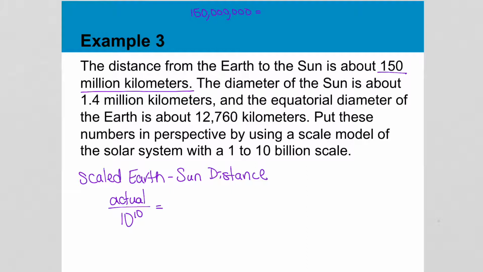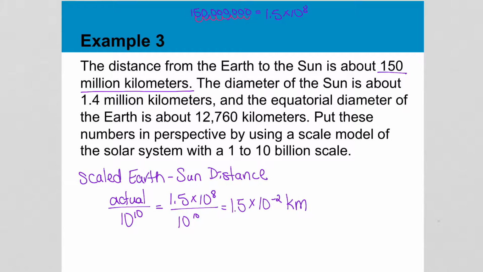In scientific notation that would be 1.5 times 10 to the 8th. So the distance from the Earth to the Sun is 1.5 times 10 to the negative 2 kilometers.